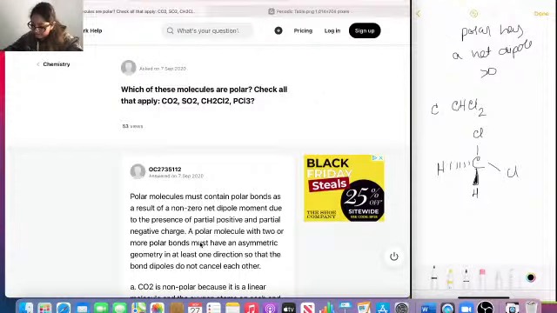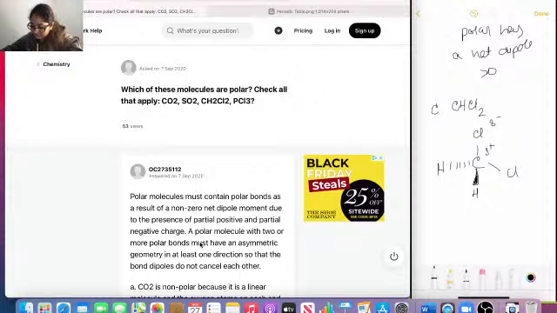If you look at the electronegativity of chlorine, it's 3.16, and carbon has around 2.5, so chlorine is more electronegative, and so this is partially negative.